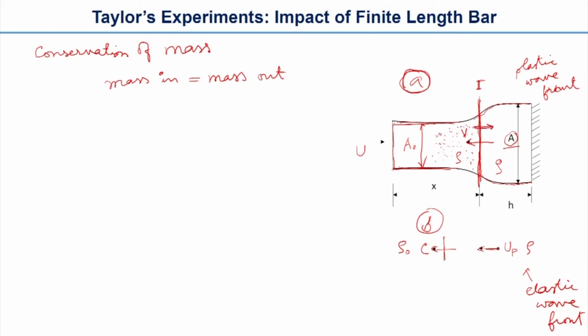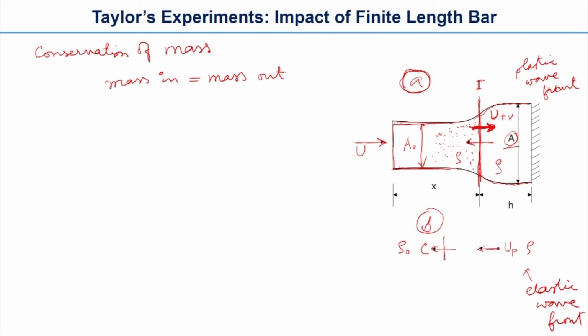The small v is for the plastic wavefront, but the virgin material will enter into the plastically deformed part, towards the right side of the interface, with velocity capital U plus small v, because as you know the impact velocity is u and the interface is coming towards the left side with a velocity v, the plastic wave front velocity.